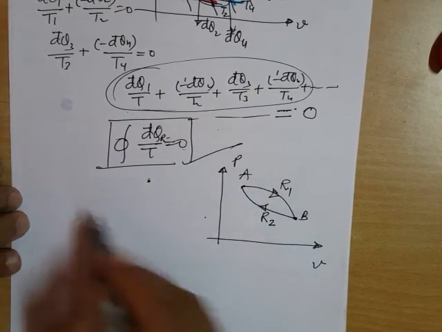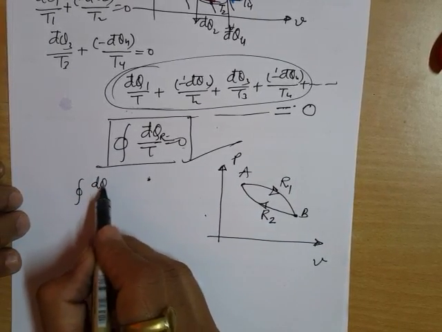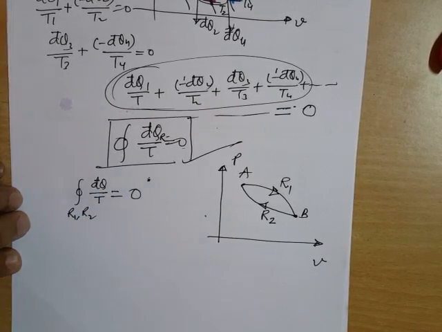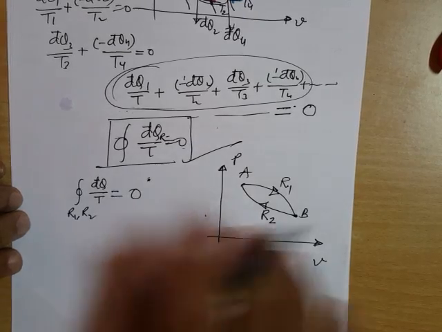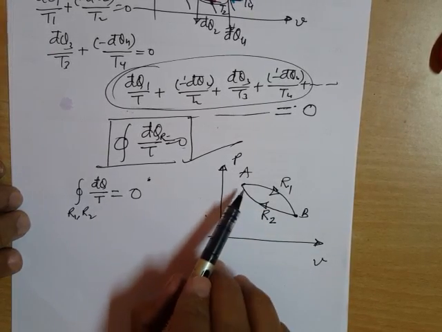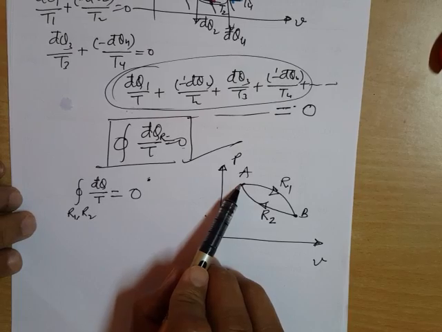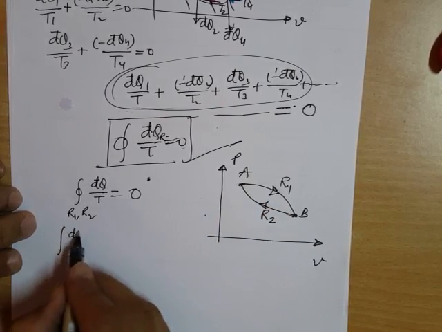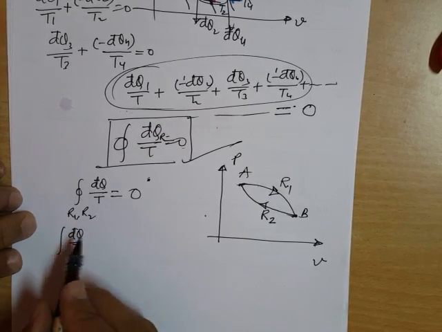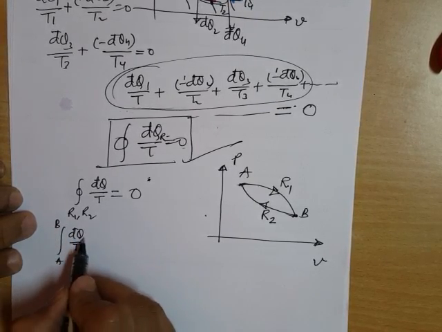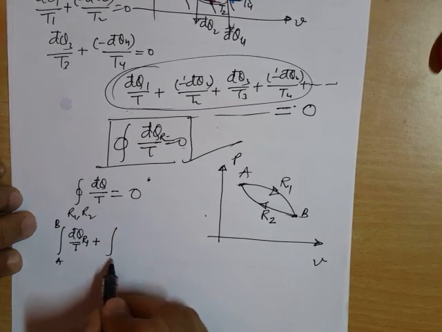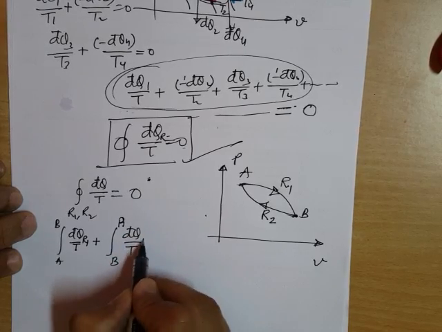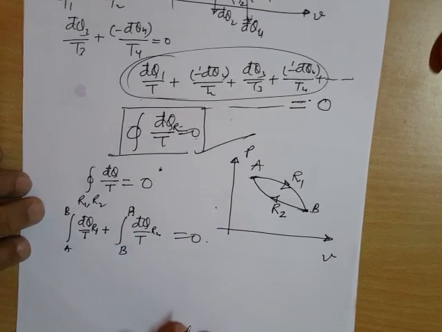So if we apply Clausius theorem onto this, we will say that dq by T for this path R1, R2 will be 0. And if we split this, that is adding up this dq by T for this path plus for this path will be 0, means dq by T from A to B along path R1 plus from B to A again dq by T along path R2 will be 0.